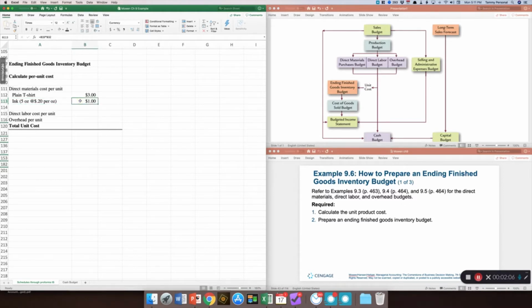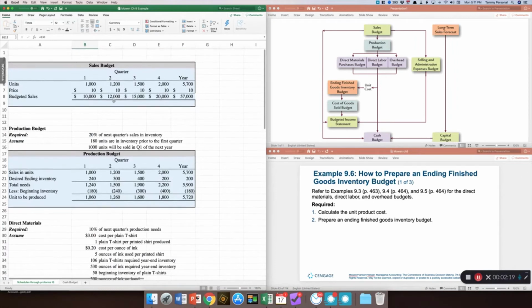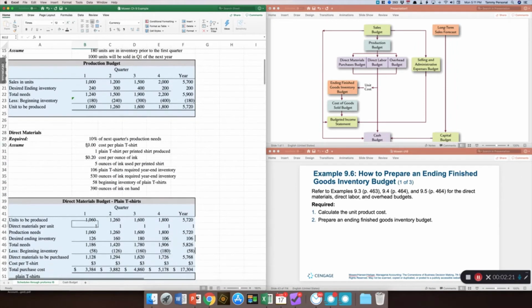And you will notice, as always, these are cell references and calculations. So this is referring up to B30, which was where we put our initial assumption about the cost of a t-shirt. So if we look at row 30, here's our cost of a t-shirt, here's our cost of ink, and how many ounces of ink we need to use for each shirt.